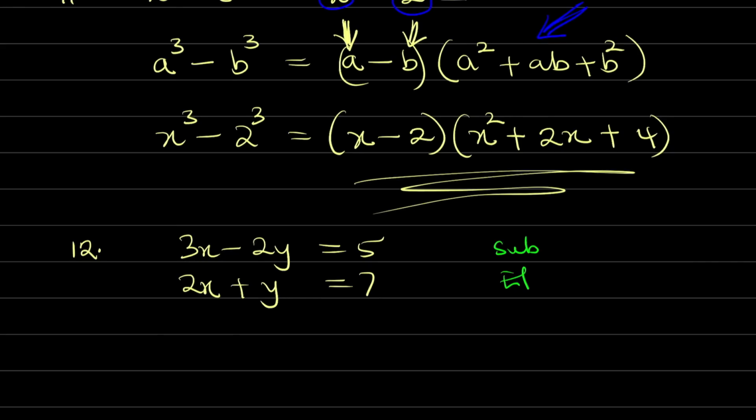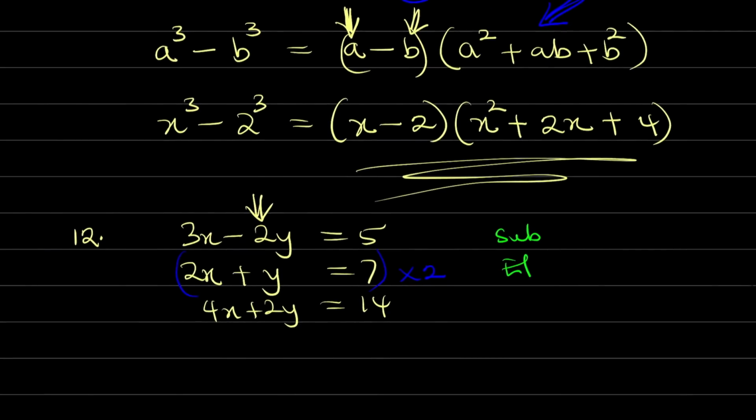So what we need to do is go ahead and multiply the second equation by 2. So we now have 4x plus 2y is equal to 14. The reason I'm doing that is so that it matches up with this 2 right here.